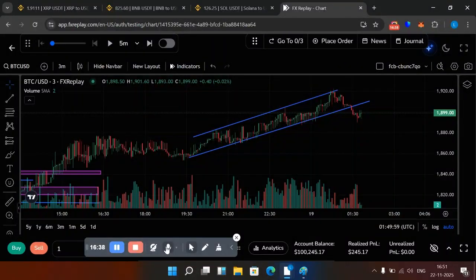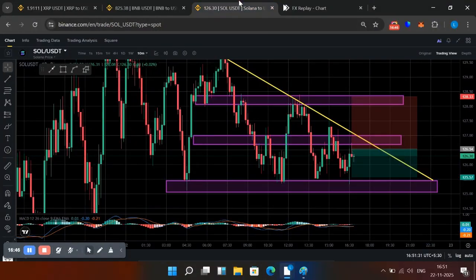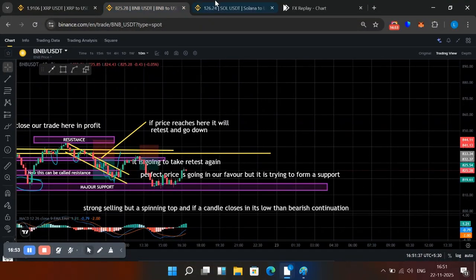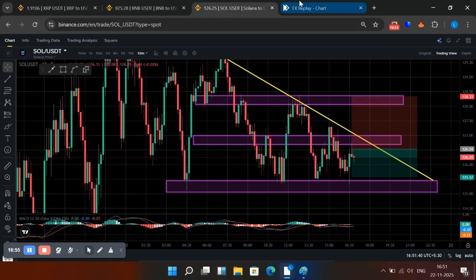Yes, this was a good one. Here we go, our second red candle here.